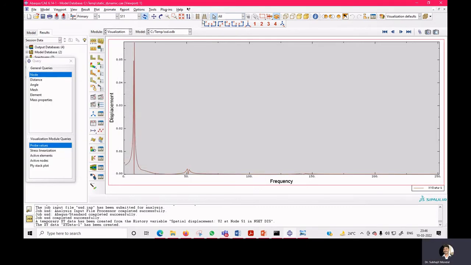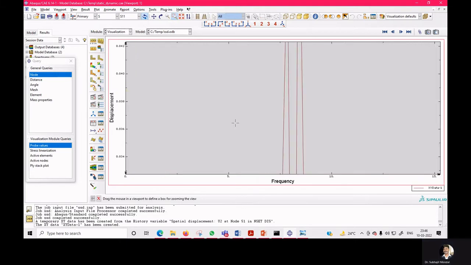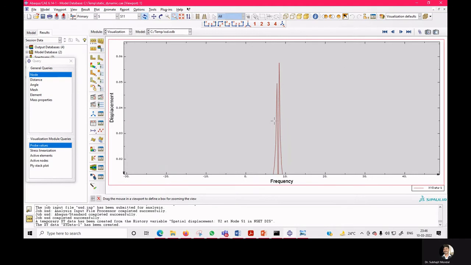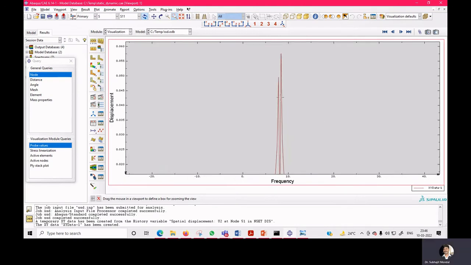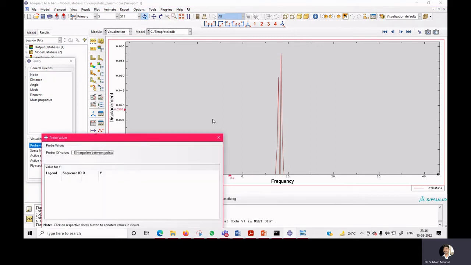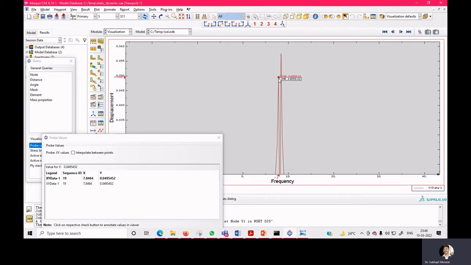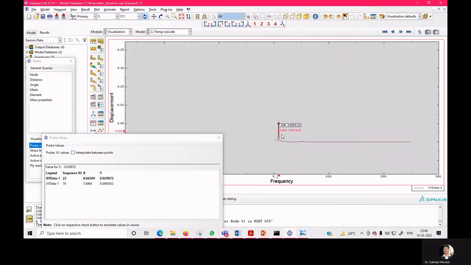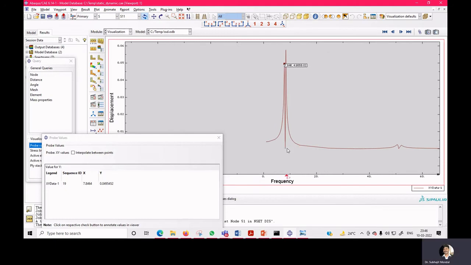Now if we enlarge it, here you can see the first frequency, 7.88 we are getting, and then we have an anti-resonance point.